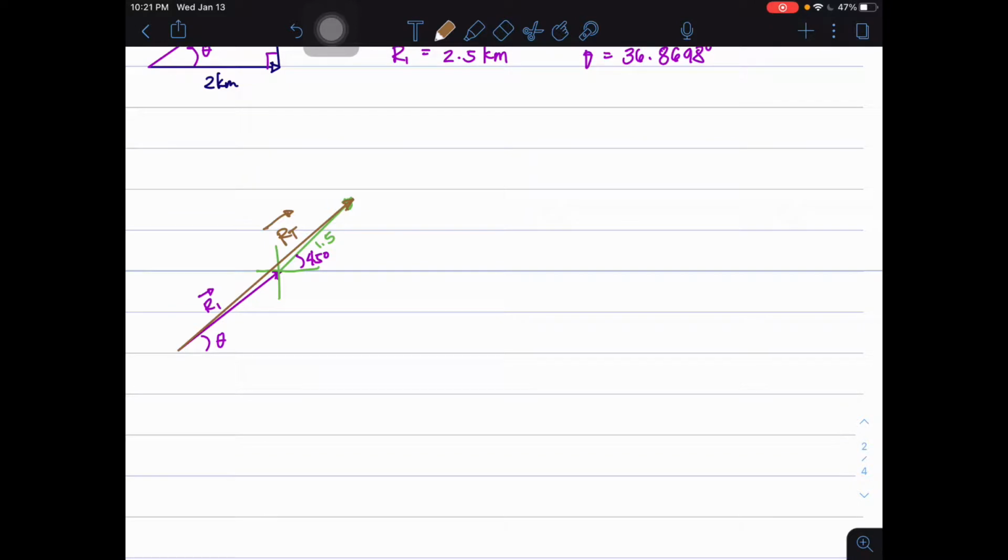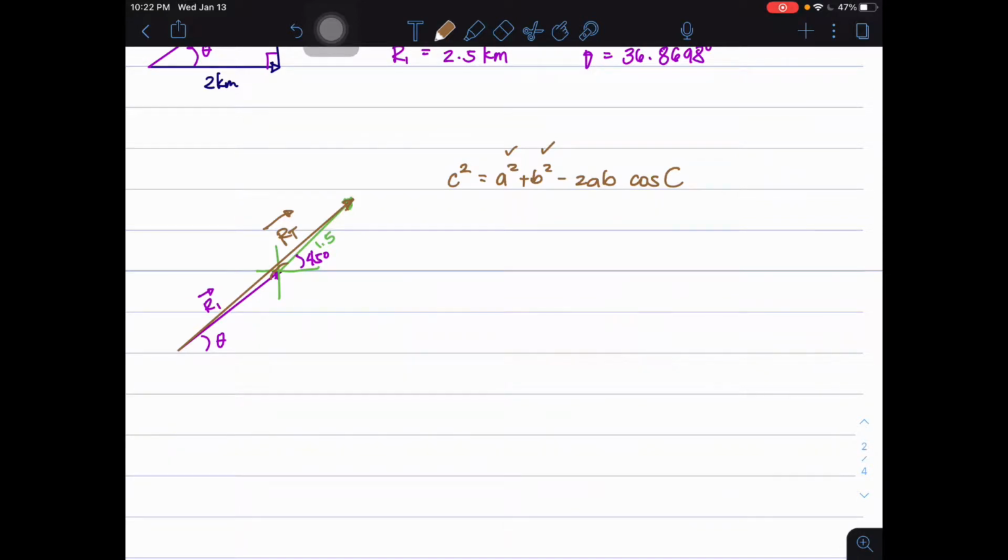What is the formula for cosine law? It's c squared is equal to a squared plus b squared minus 2ab cosine angle c. That's the formula for cosine law. Since you already know the value of the 2 other sides, which are a and b, and for angle c, you can actually solve it.